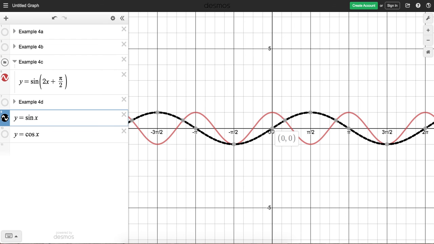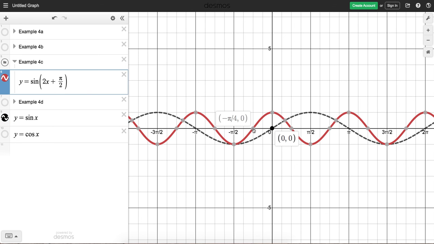If we look at this origin here, this is on the downside going to the left. So on the downside of this graph in red, we have an x-intercept at negative pi over 4. Again, notice it took this 0 at 0 in this case and shifted it pi over 4 units to the left.